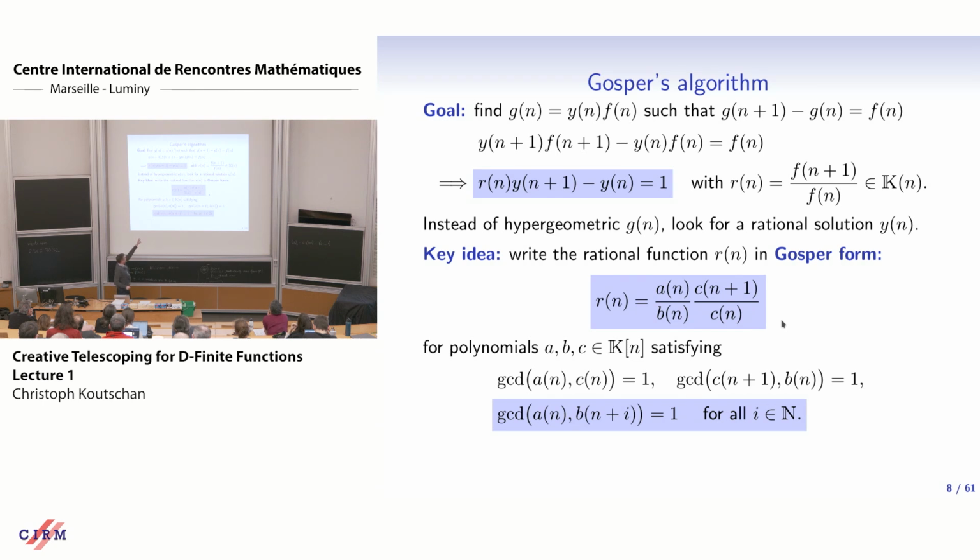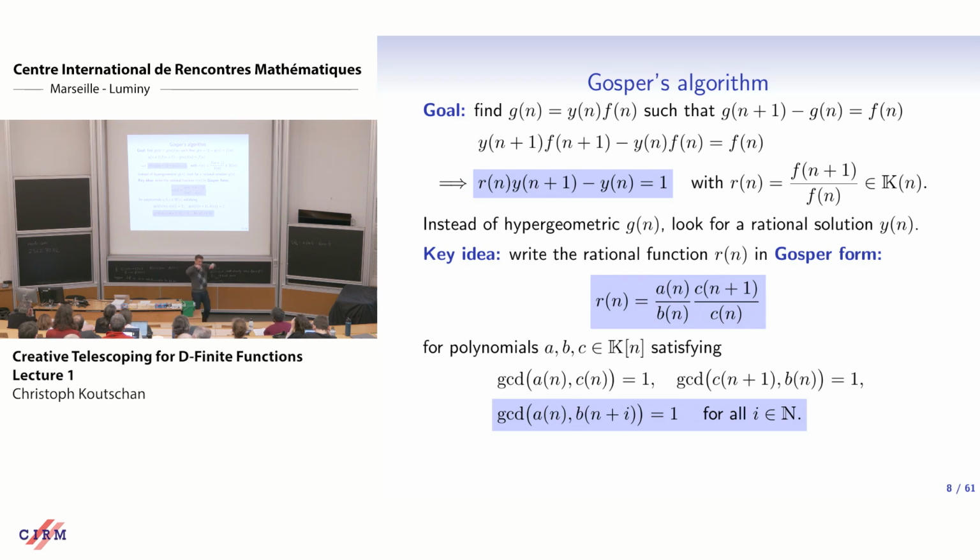So you can start by just writing this rational function, and for example in the first approximation you put everything into the a and the b, and then you check this condition. If you find that it is violated for a certain index I, then you just move certain factors from a and b into c. Right? So if you have something that is in this GCD, then you can move it into c.